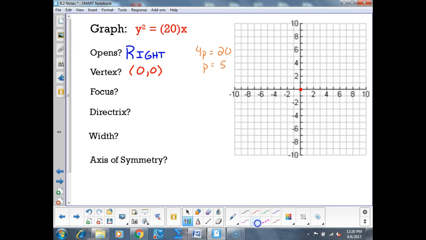We said that it's going to open to the right, which means then that my focus needs to be where? To the right. How many spaces? 5. So what's 5 spaces to the right? 5 comma 0 or 0 comma 5? 5 comma 0.